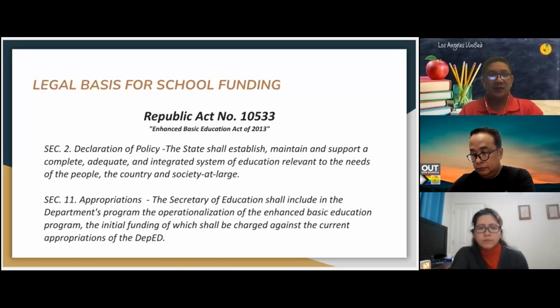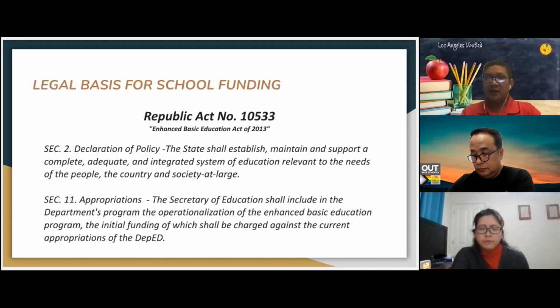So we have the section 2, which is the declaration of policy. The state shall establish, maintain, and support a complete, adequate, and integrated system of education relevant to the needs of the people, the country, and the society at large.